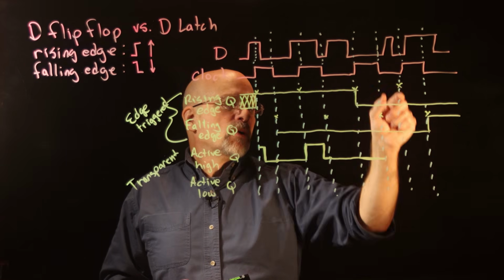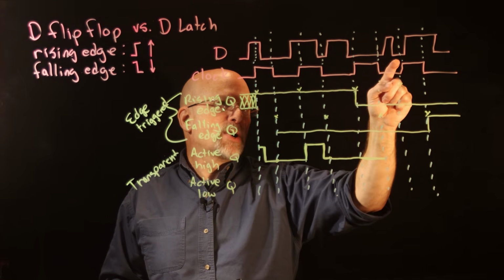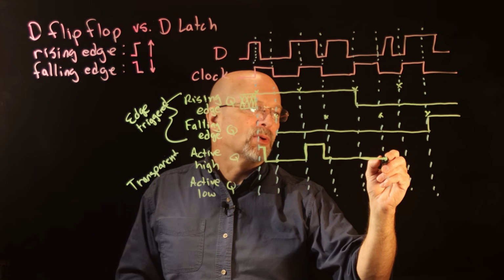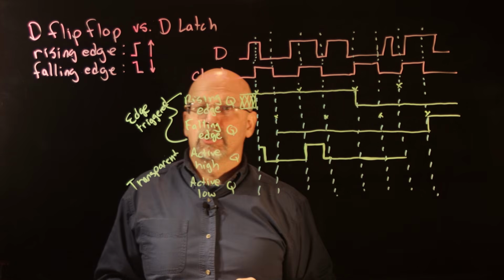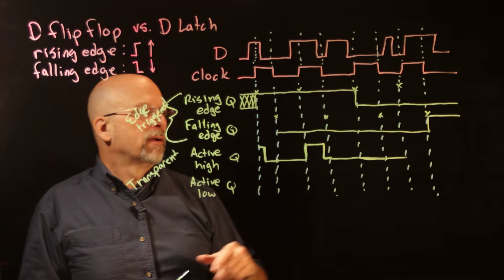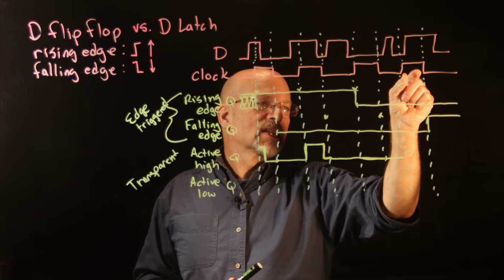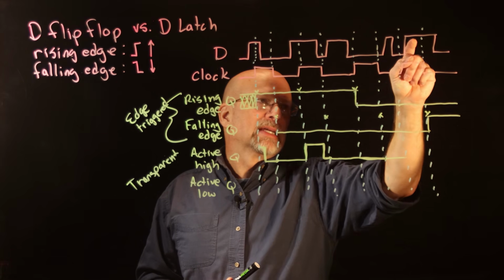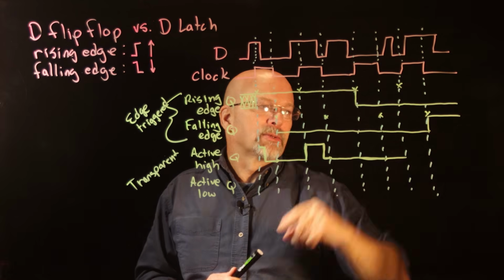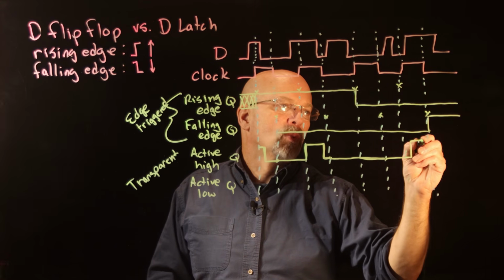For this period of time right here, between these dashed lines, the clock is low, so that pulse right there is completely ignored. Whatever the last value was that was captured on D stays on Q. And then this period of time right here, where the clock is a logic 1, we take D, which is a logic 0 for a short period of time and then hops up to a logic 1.